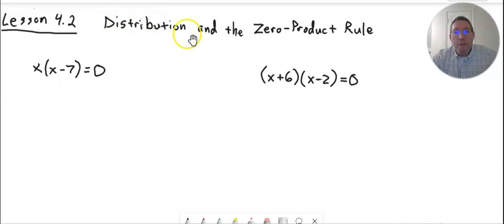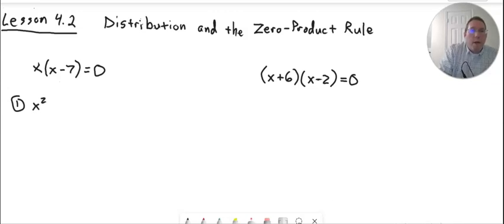Then, after you've done the distribution, I want you to do the solution like we did a few minutes ago, okay? So the first thing is you're going to distribute. We're going to do x times x, which is x squared. Then the x times minus 7 is minus 7x. Okay, done. That's all you have to do for the first part, is do the distribution.